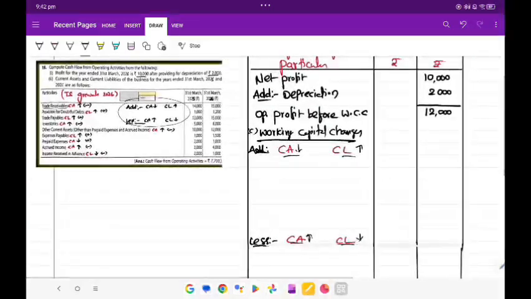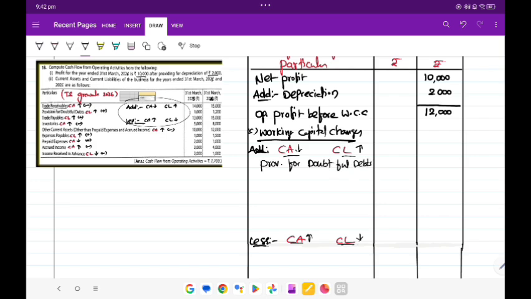Now these items we are taking into consideration. What items are we going to add here? Provision for doubtful debts. Always take the difference value only: 1,200 minus 1,000, which is 200. Next, add item trade payables.